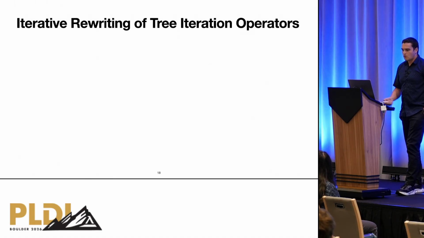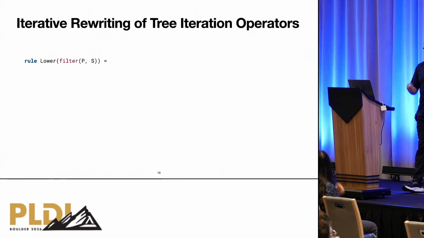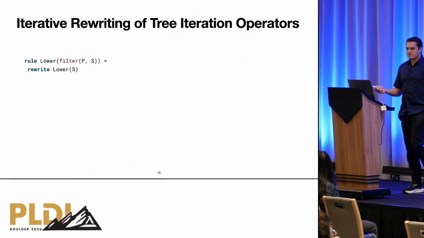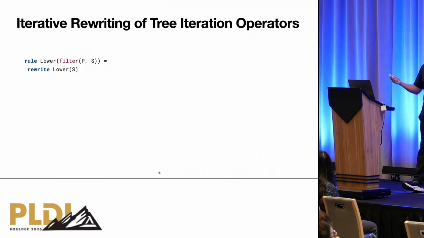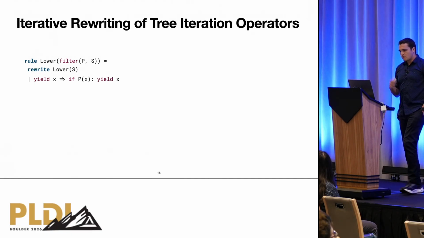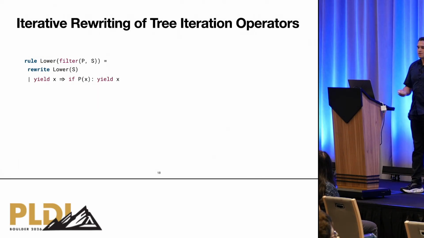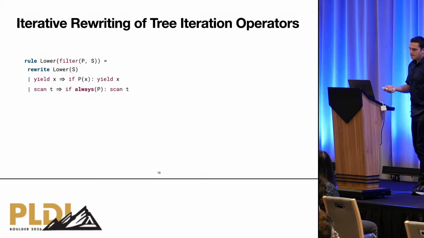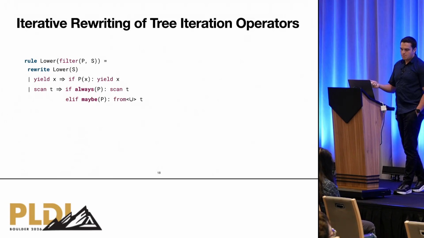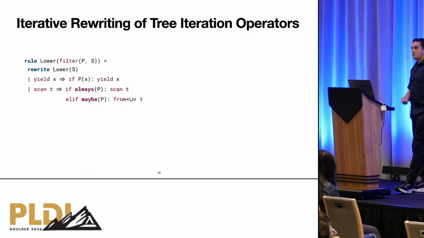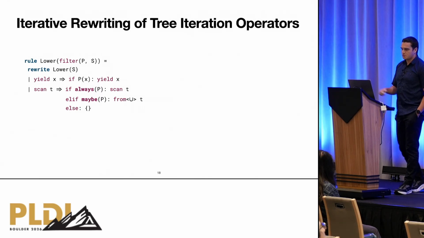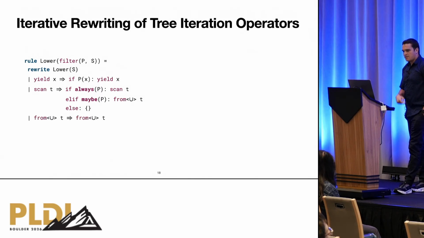What the rule for lowering a filter of an arbitrary predicate P over a set S looks like is we first lower the generator for the set S, and we rewrite any yields in that generator to be guarded with the predicate P. Similarly, scan gets guarded with an always P predicate. If we can't prove that the predicate P is always true, then we check if it's maybe true, and we union the subtree results, otherwise returning the empty set. And then union froms do not get rewritten.